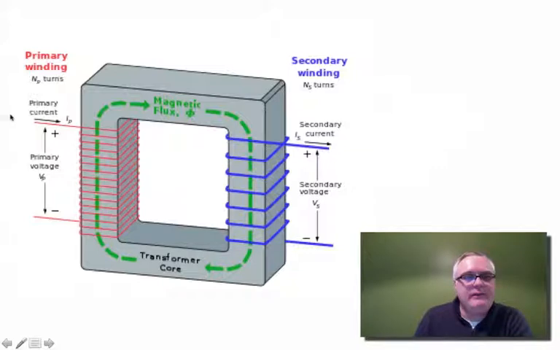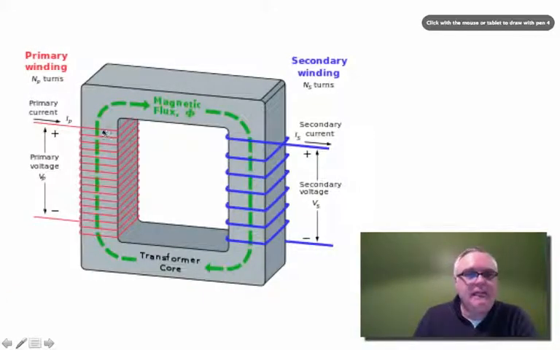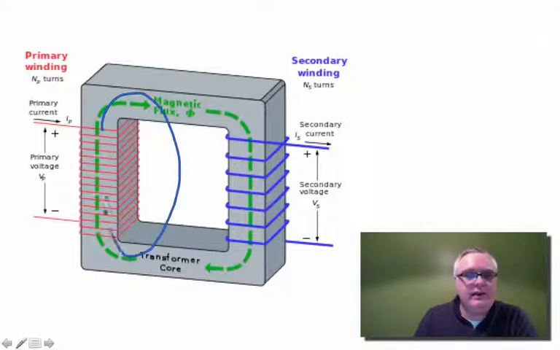So what we have is current coming into this coil at one current and one voltage. And because our electrical generating stations create alternating current, the current is vibrating back and forth. So that creates a magnetic field in this coil of wire. And that magnetic field is constantly changing direction because of the alternating current.